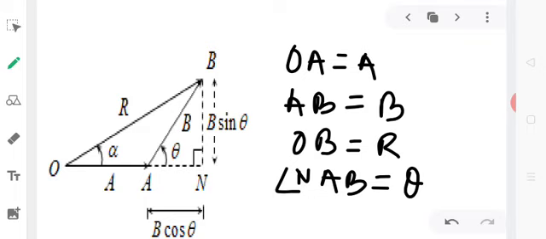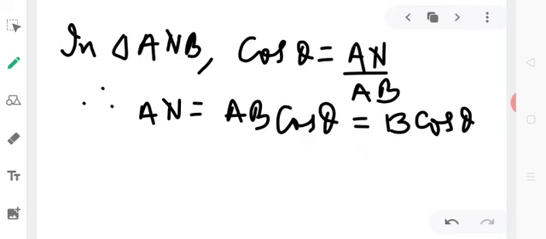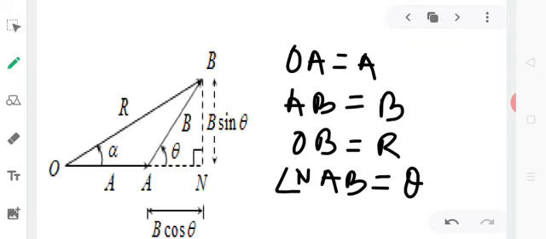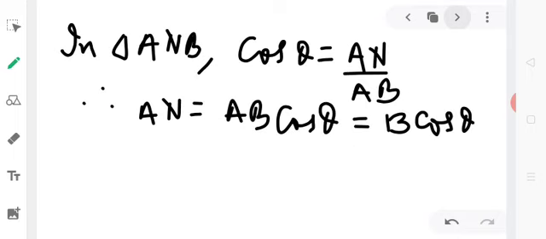So in this manner we can find out the value of AN, and that comes out to be B cos theta. And as you can see in the diagram, we also have to find out the value of the perpendicular. So again we can write down using the same triangle sin theta. Sin theta is perpendicular by hypotenuse, so it will be BN by AB.